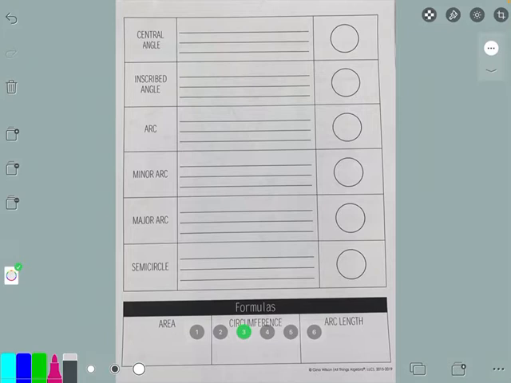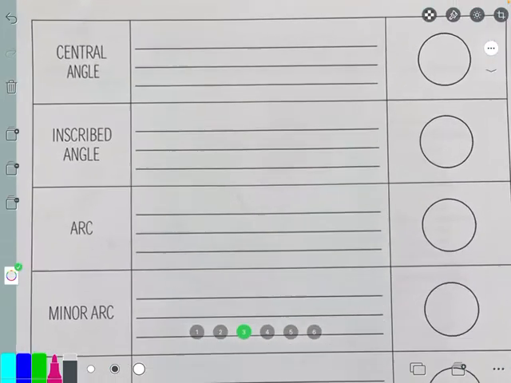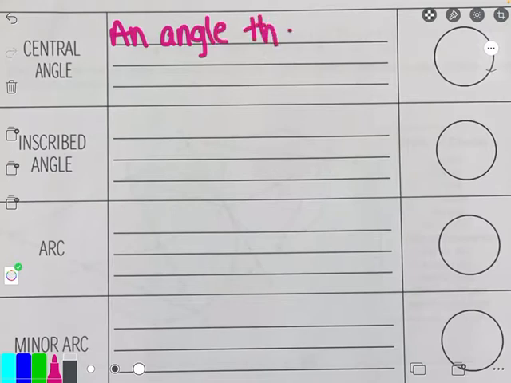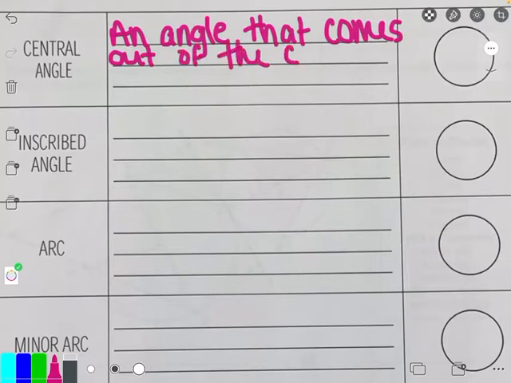Next term we're going to be talking about is a central angle. This is an angle that comes out of the center, and the two sides of this angle are going to be the radii of the circle.